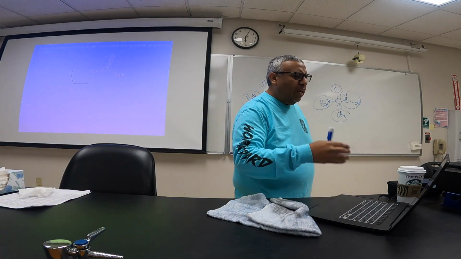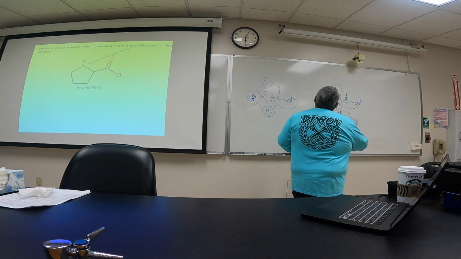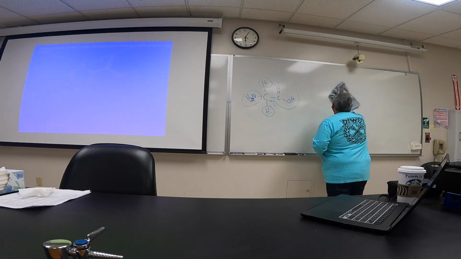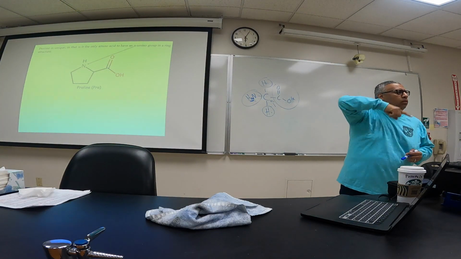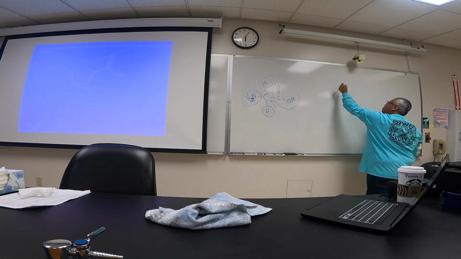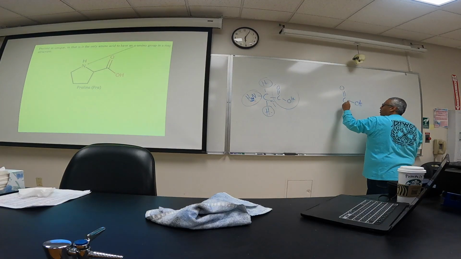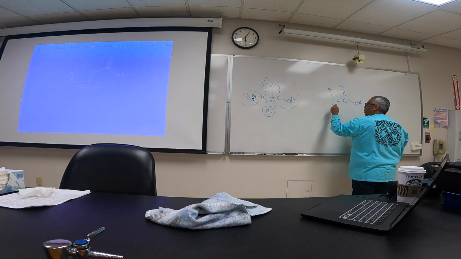Now, the other one we have that's pretty unique is proline. Proline is the only amino acid where the R group, that side chain, wraps around and attaches itself to the alpha amino group. And I'll show you that here.